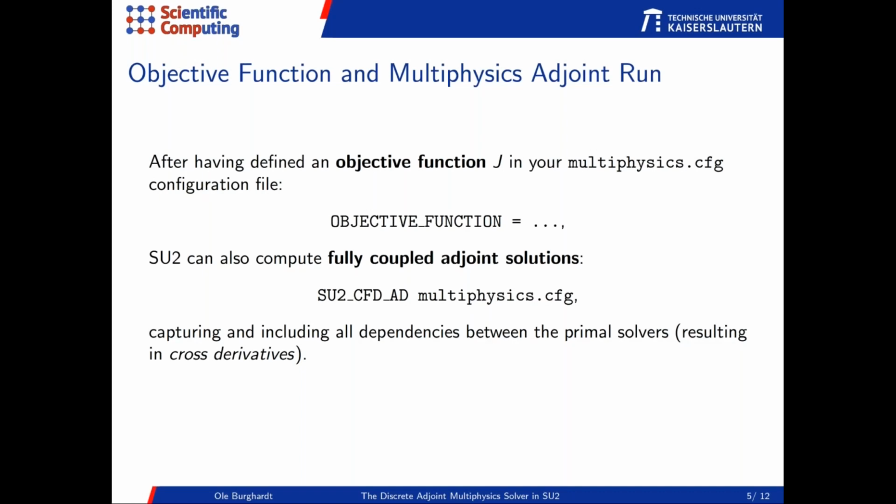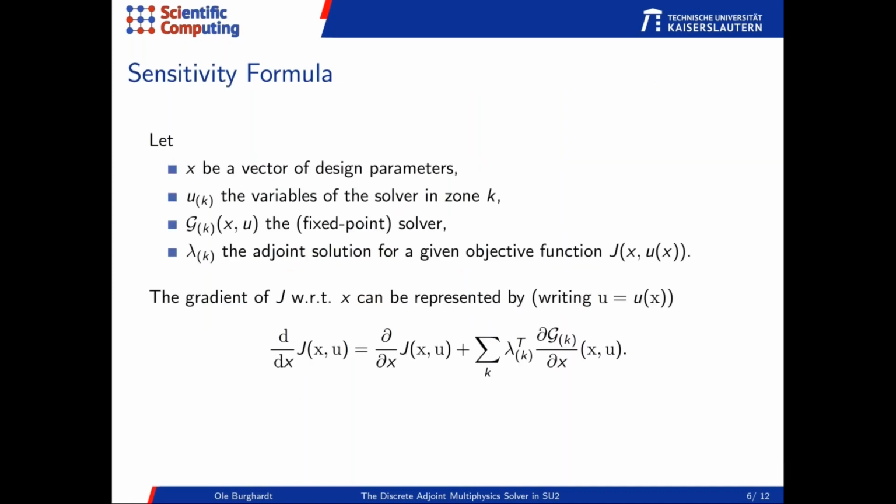But before we take a closer look at this, let us shortly recapitulate some notation and how we can use adjoints for sensitivity analysis. Let x be a vector of design parameters, u_k the variables of the solver in zone k, G_k the flow solver in zone k that we assume to be a fixed point solver, and lambda_k the adjoint solution for a given objective function.